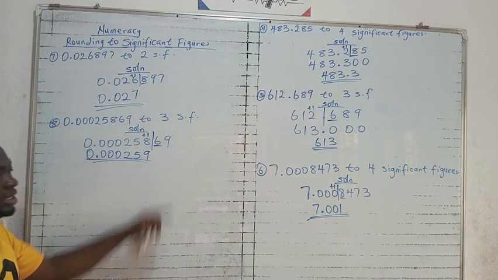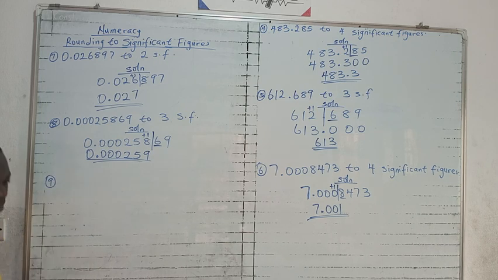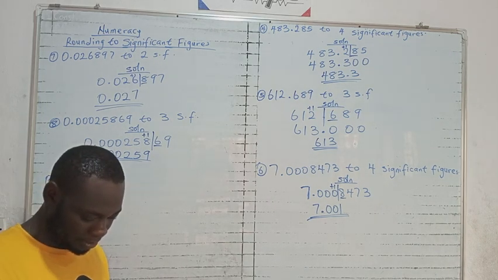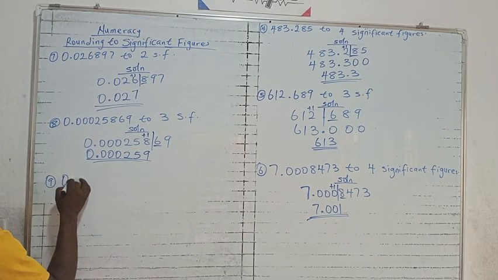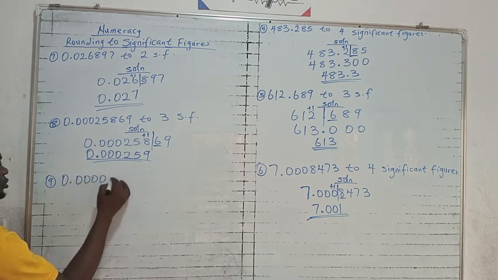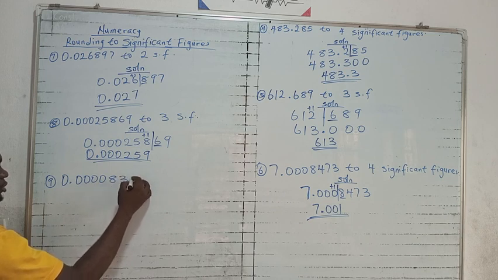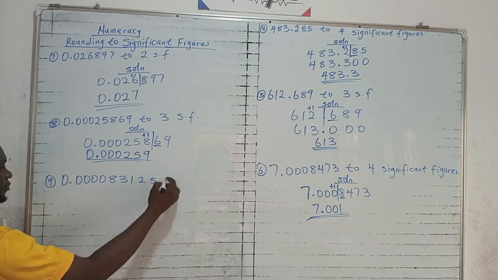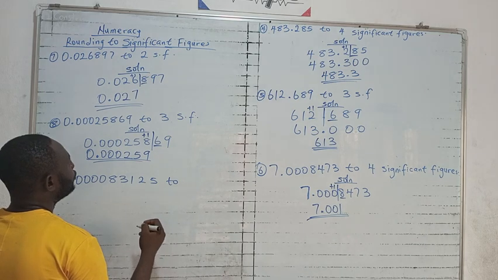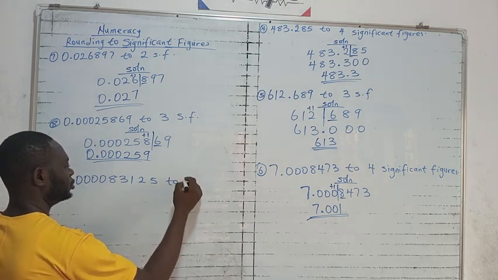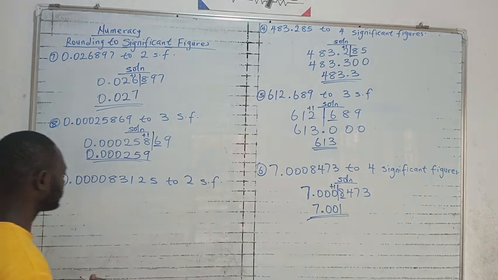You can see the 3 significant figures clearly shown. Okay, finally, let's say I have 0.000083125 to 2 significant figures.